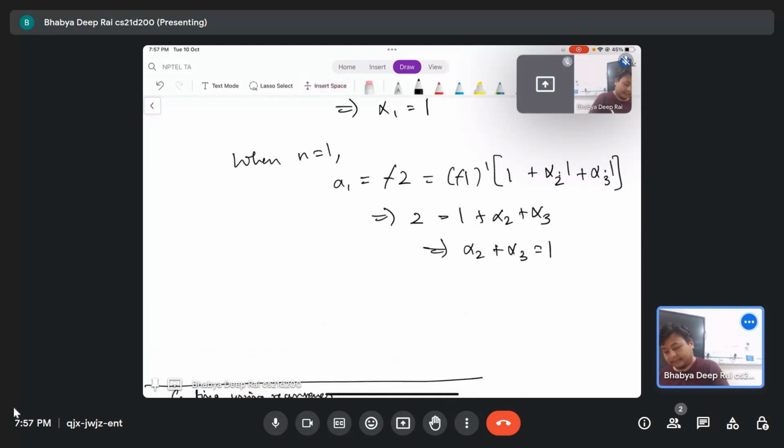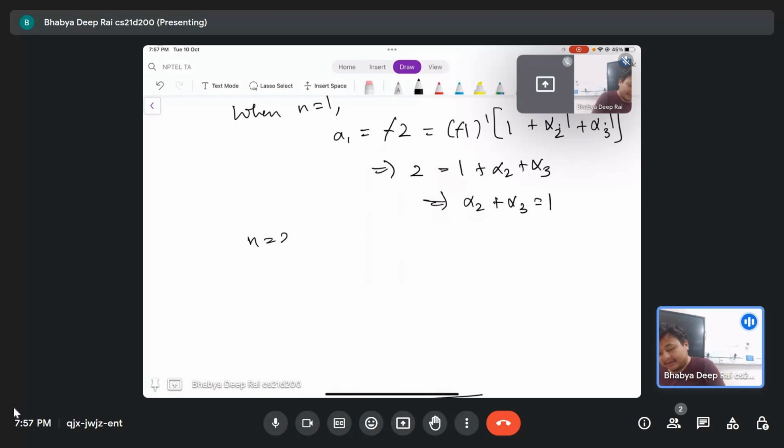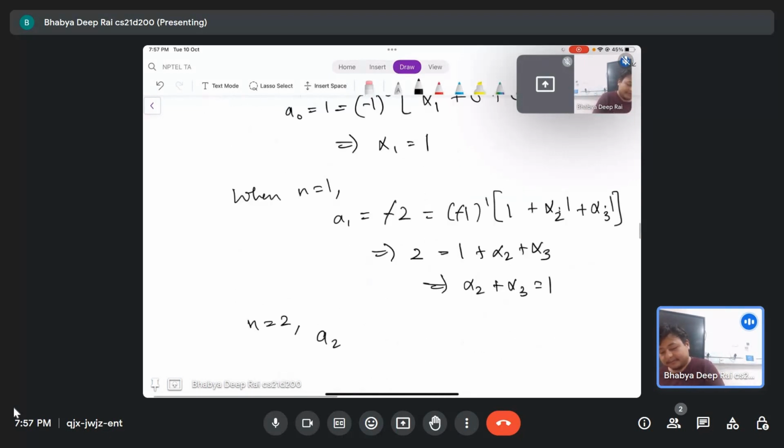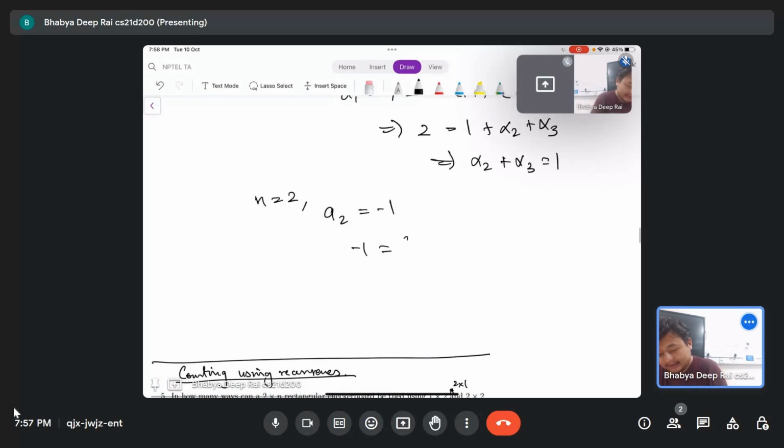Next, what we do is n equals 2. a of 2 is equal to minus 1. Now what we have is minus 1 equals minus 1 square, because it was minus 1 to the power of n, times 1 plus, now this time n is equal to 2, so it's n times alpha 2, so it's 2 alpha 2, plus n square alpha 3, so it's 2 square, which is 4 alpha 3.